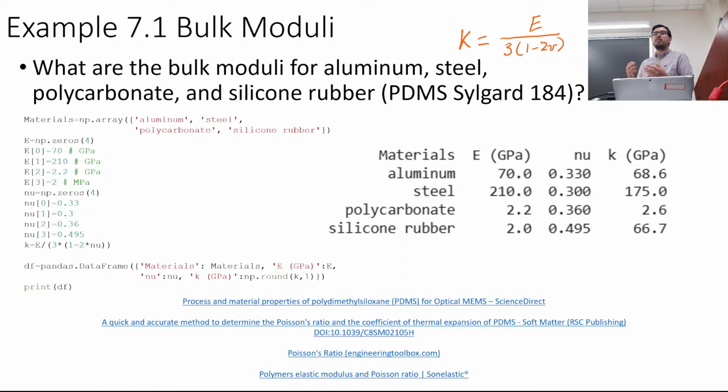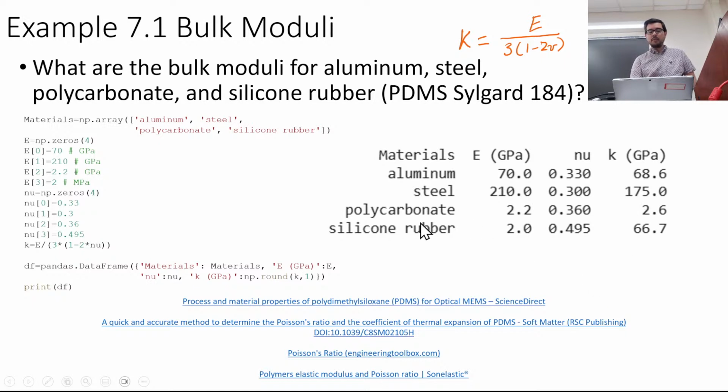So if you remember aluminum, or you remember steel, and you remember the factor 3, you should be good to go. And it's interesting that, at least for aluminum, the elastic modulus and the bulk modulus are pretty similar between those two. It doesn't change a whole lot for steel either.